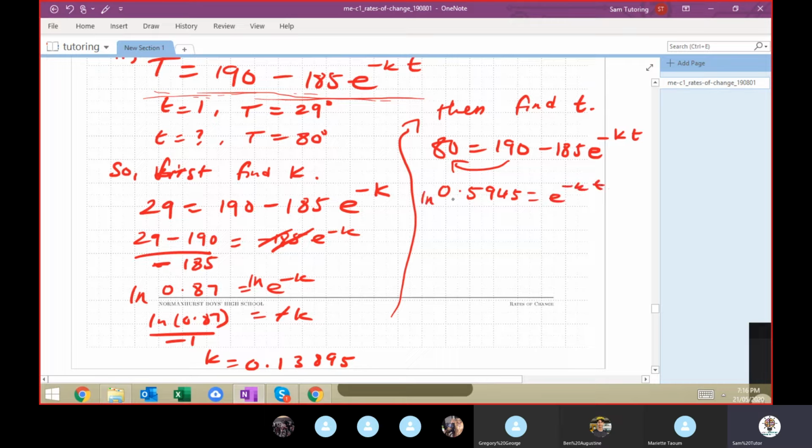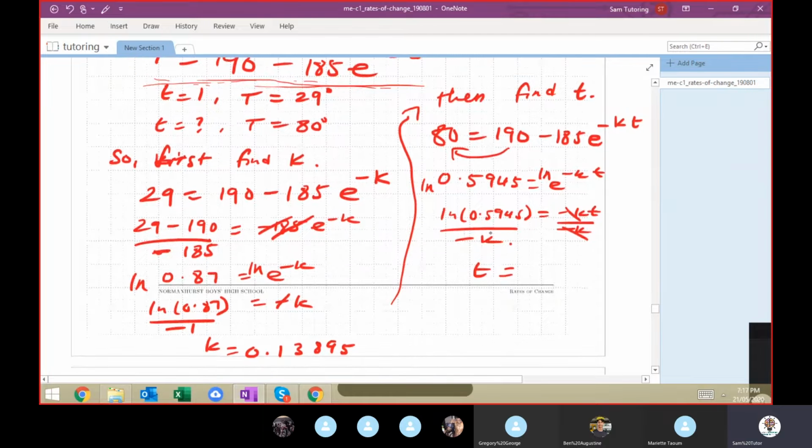Log both sides. You're left with negative kt equals log of 0.5945. What do you do now with the negative k? And then t equals, subbing in k, so log answer divided by negative k.